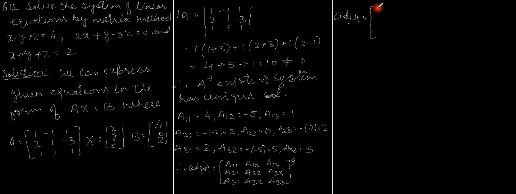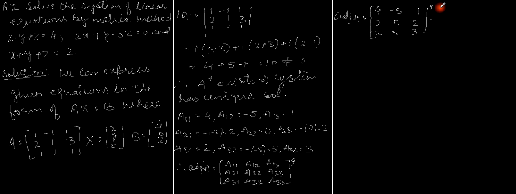So it is 4, minus 5 and 1. Second row is 2, 0 and 2. Third row is 2, 5 and 3. Then we take its transpose.